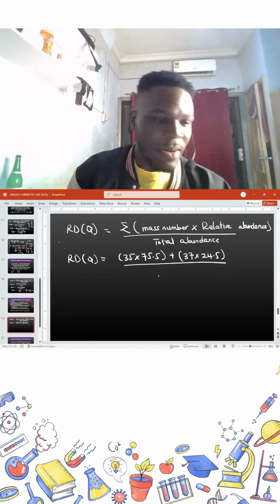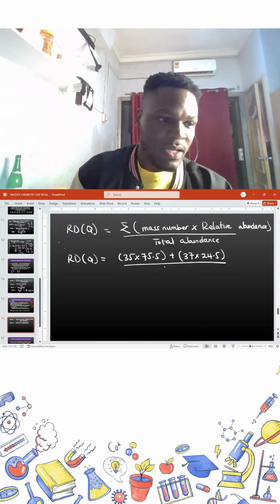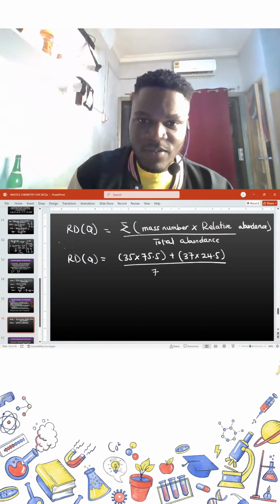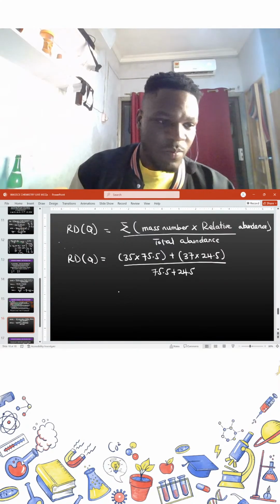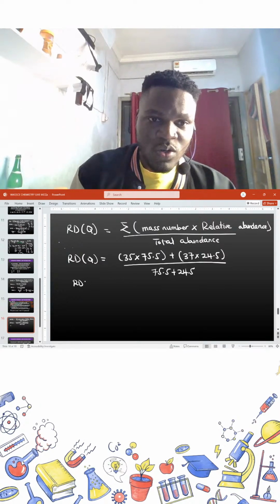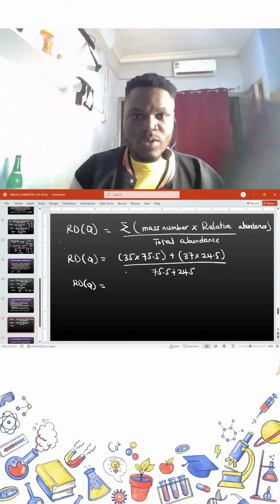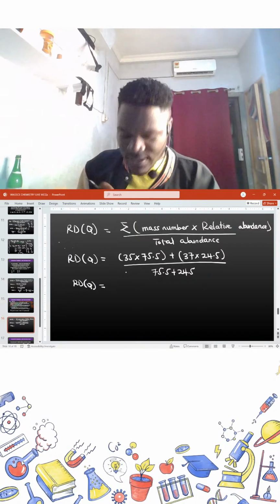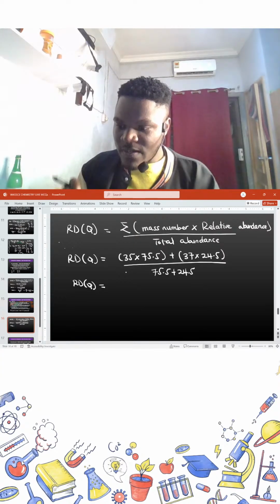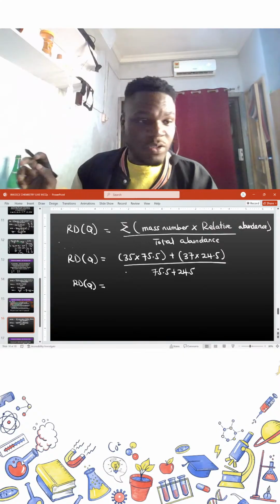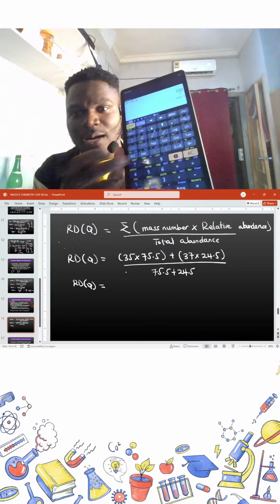And then the total abundance will be the sum of the individual abundances, which is 75.5 plus 24.5. Are we okay? So from here, all we need to do is to continue our calculation. So 35 multiplied by 75.5 is 2,642.5. That is what my calculator is giving me.